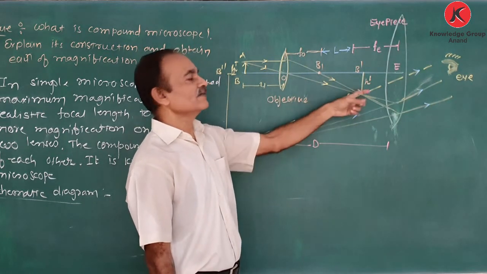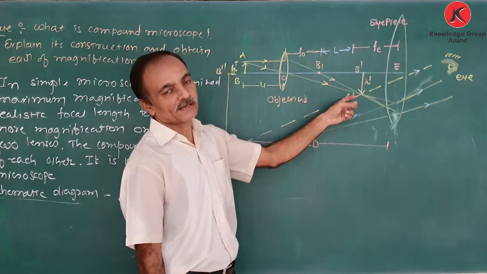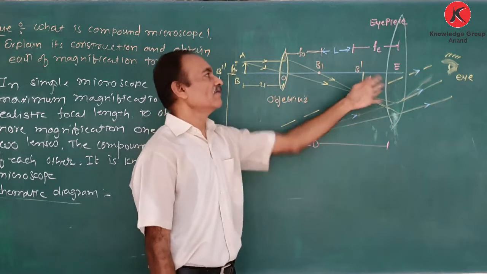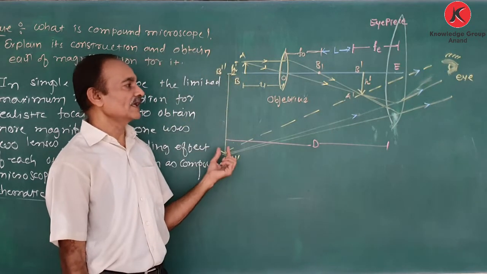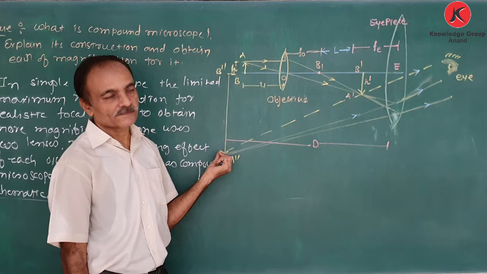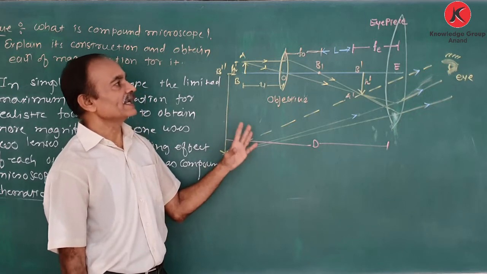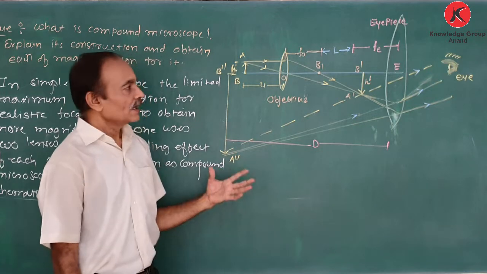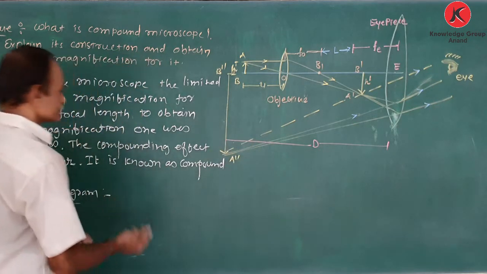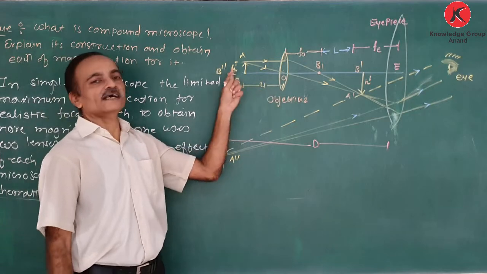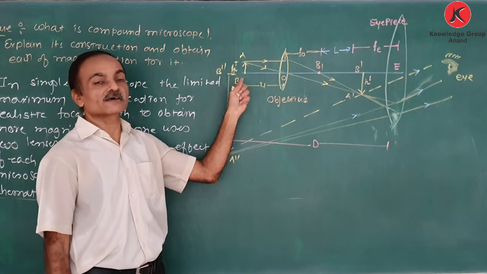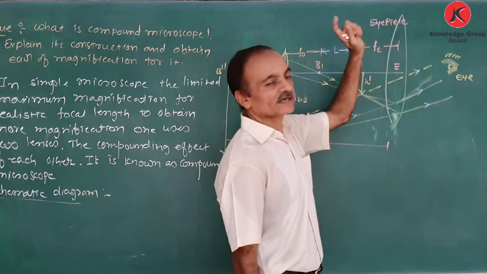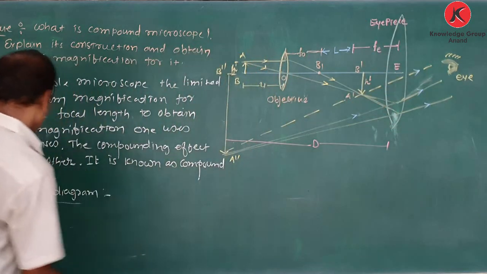The image is real, inverted and magnified, while in the second, a virtual and magnified image is obtained. So this is the schematic diagram of our compound microscope. The lens near the object is known as the objective, and the lens near the eye is known as the eyepiece.